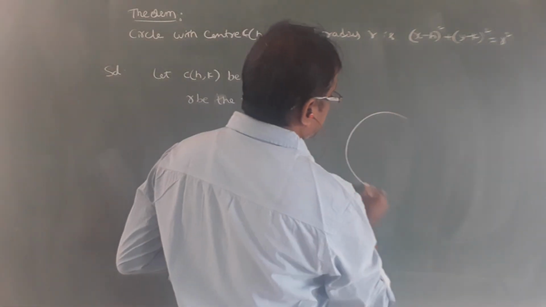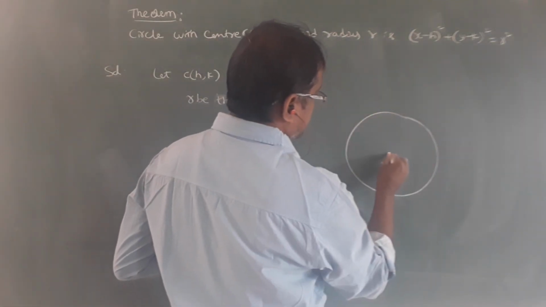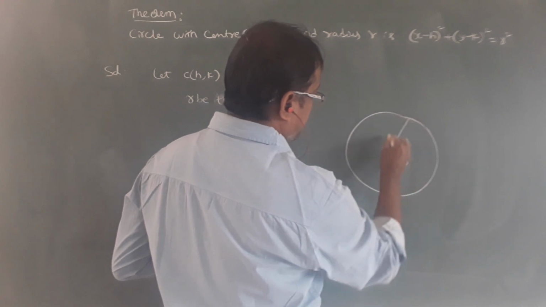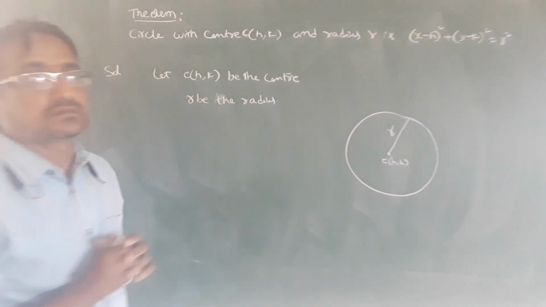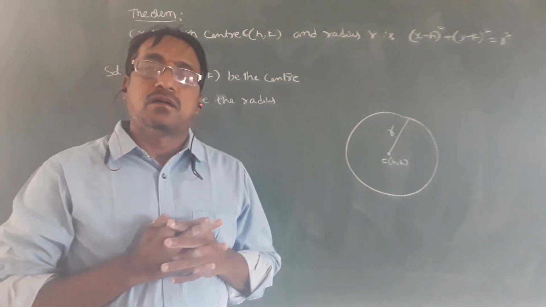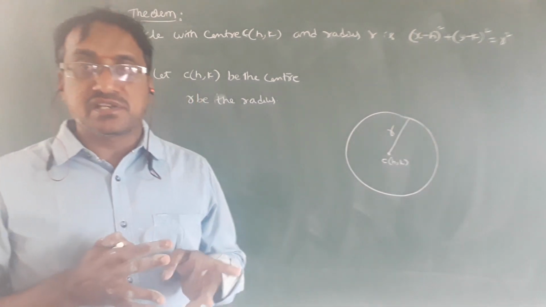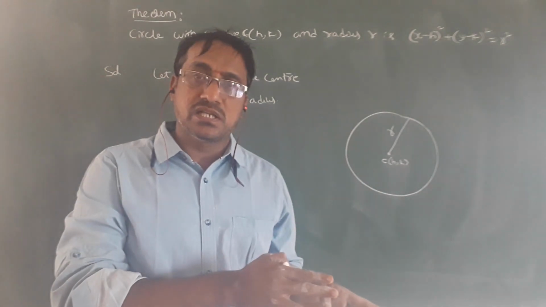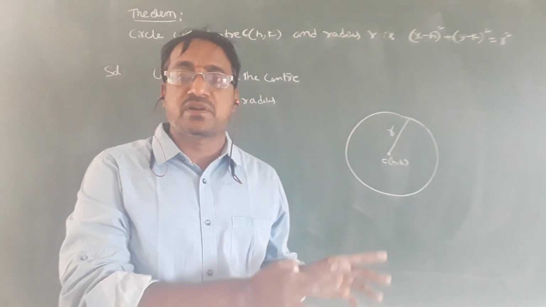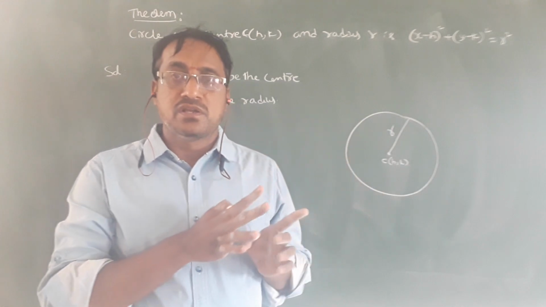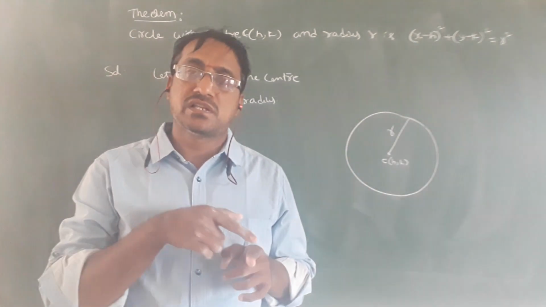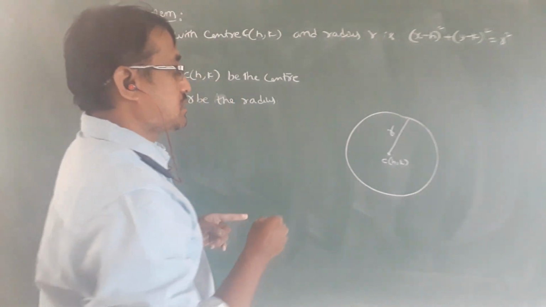Now let us draw a circle with the center (h, k) and the radius small r. Now, by the definition of the circle, any point that lies on the circle is at a constant distance from the fixed point. So, every point on the circle is at a distance of radius r.